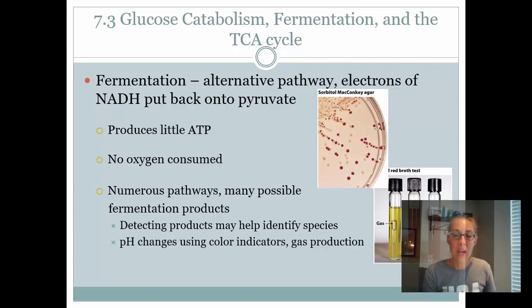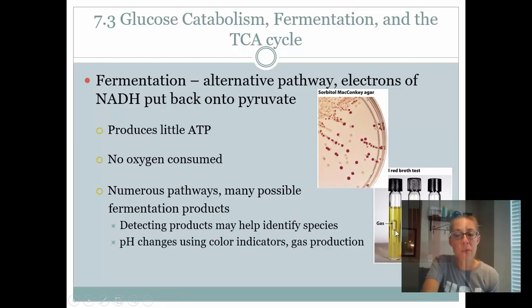Additionally, you can determine whether or not the fermentation pathway of your organism produces carbon dioxide. In each of these tubes down here, these are called phenol red broth tubes because of the pH indicator that's in them. But inside they have a little upside down test tube. If the bacteria that is growing ferments the sugar and produces CO2, what you'll see is a little gas bubble that gets trapped at the top of that inverted tube.